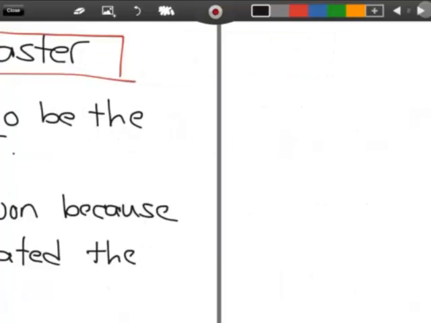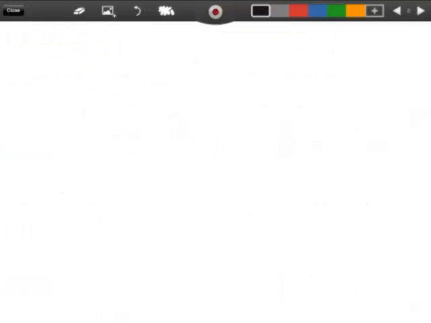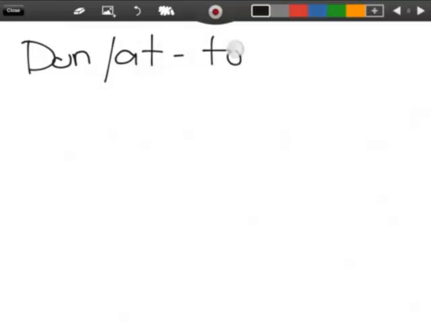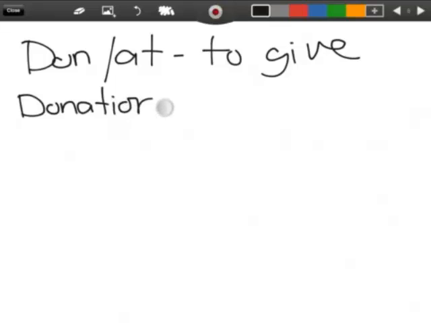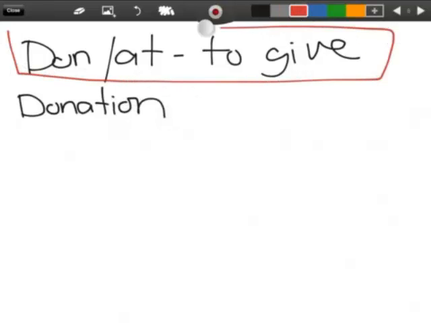Moving on to our next root, which is donat. Donat, meaning to give. I'm going to give you a couple of examples. One of them is donation. This is another important root, you guys, so I'm going to put this in a box as well.